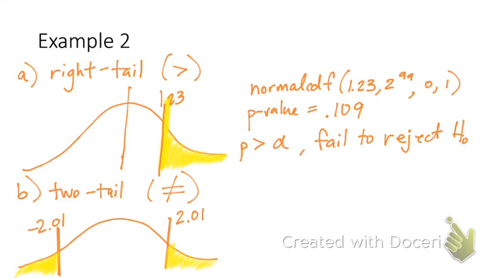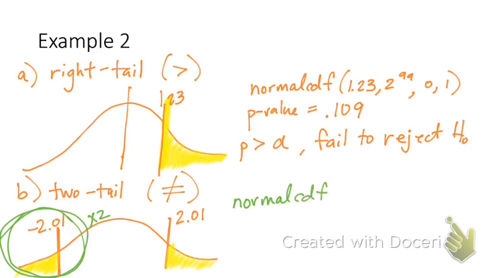So the easiest way to calculate this is taking just one of them and then doubling it. Let's calculate this and then multiply it times 2. How would I do that? Normal CDF to negative 2.01. And then what's my mean and standard deviation?